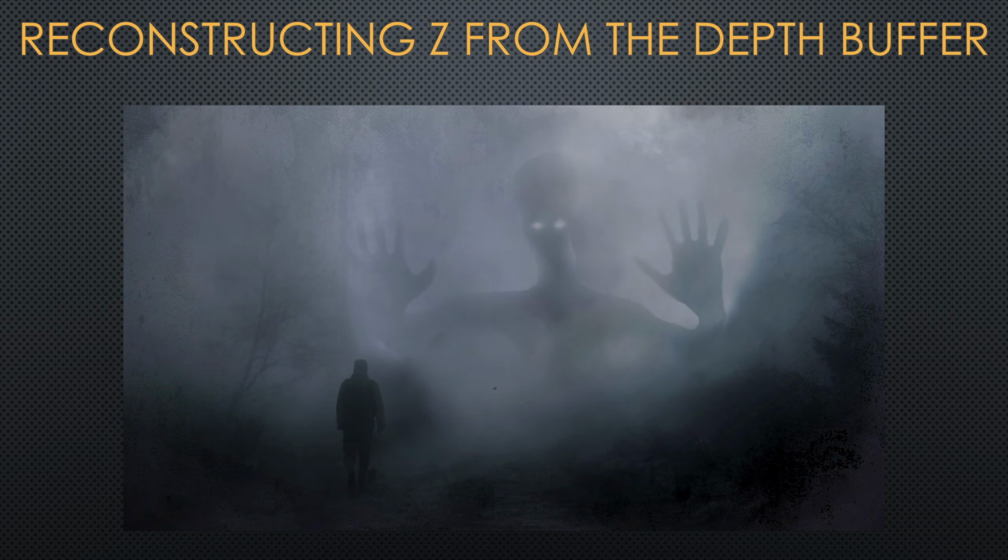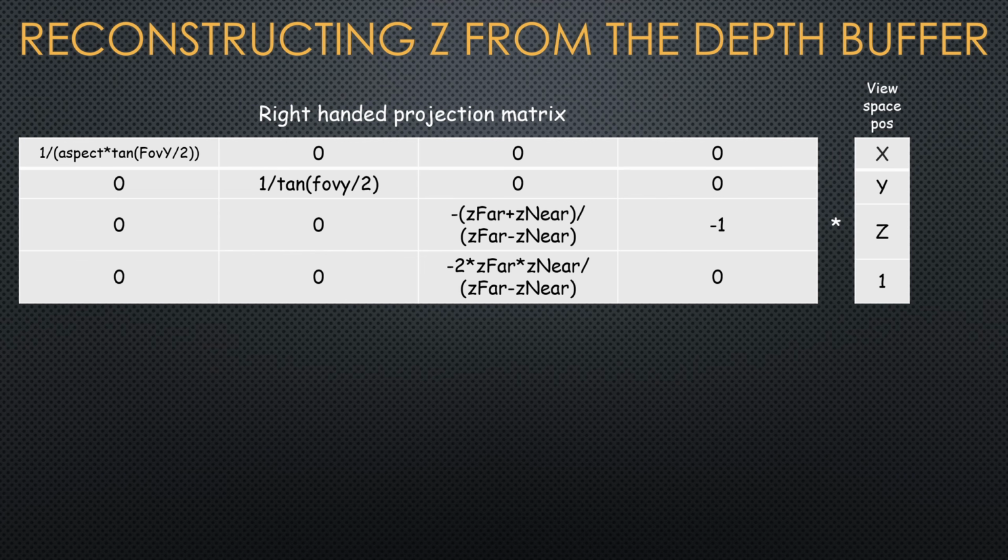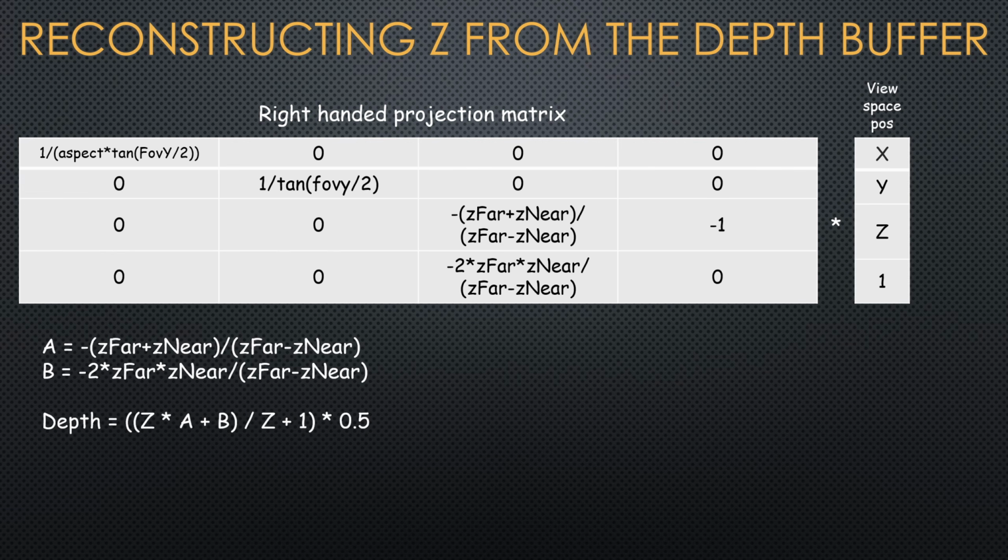Reconstructing Z from the depth buffer may seem like a daunting task, so just remember that we multiply the view space position by the projection matrix, which means that Z is multiplied by this value, denoted A, and we add this guy, denoted B. Then perspective division takes place, so we divide everything by W, which contains Z. And finally, we map the NDC coordinates to the 0 to 1 range to be stored in the depth buffer.